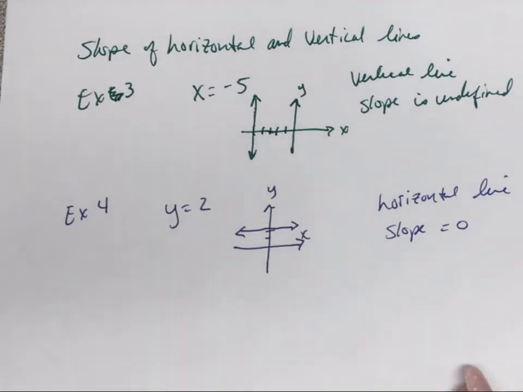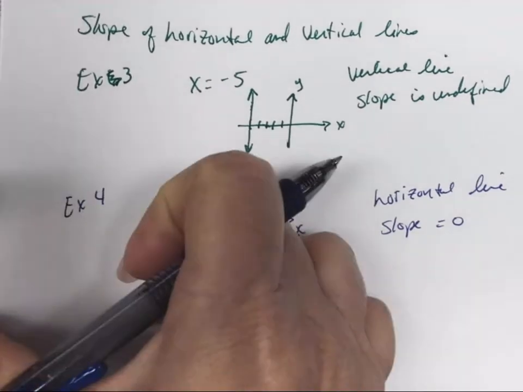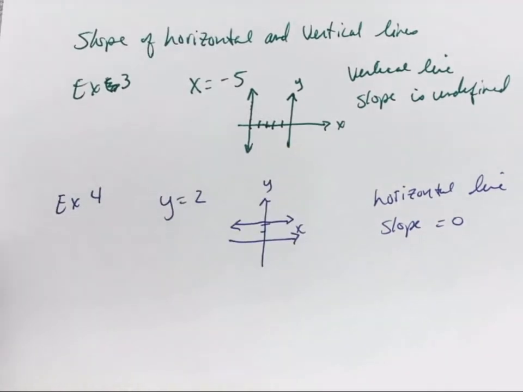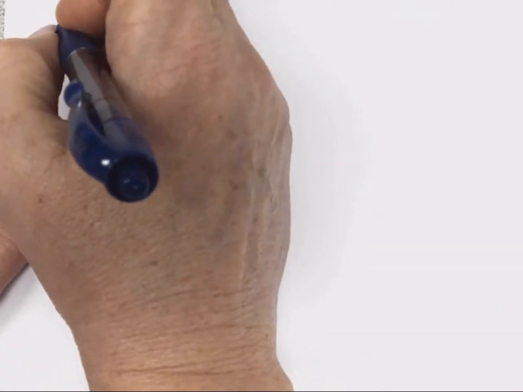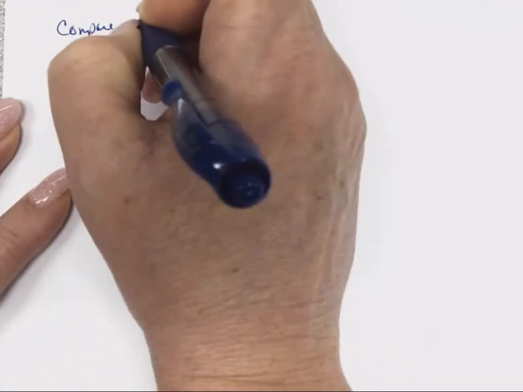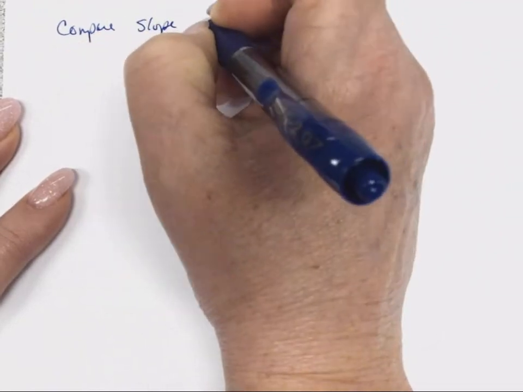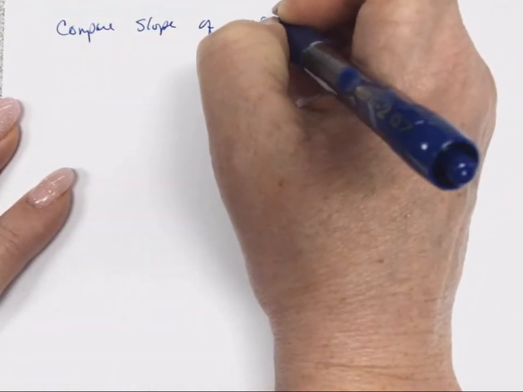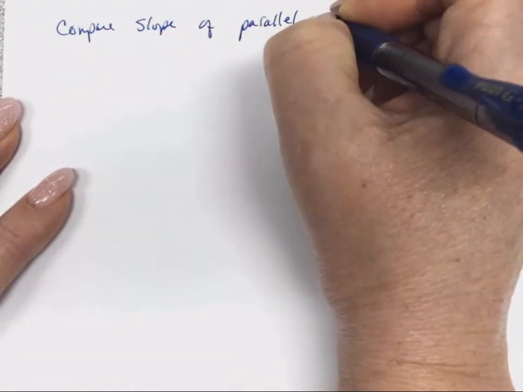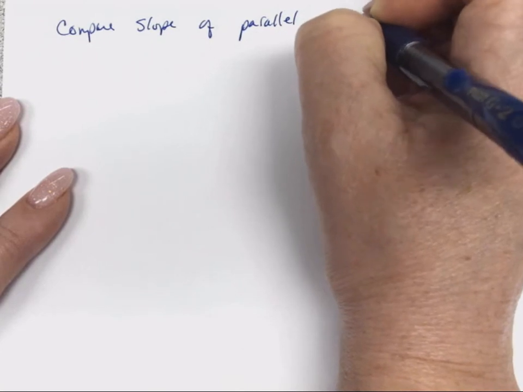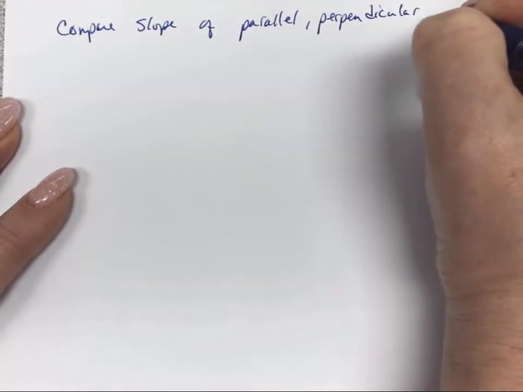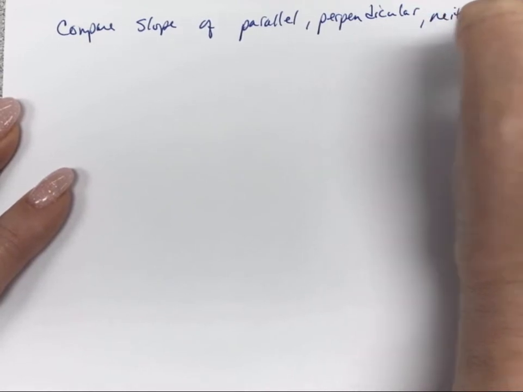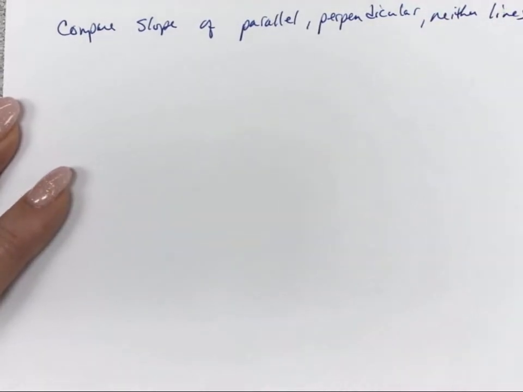So now what we want to do is compare some slopes. We're going to compare the slope of parallel, perpendicular, and neither lines.